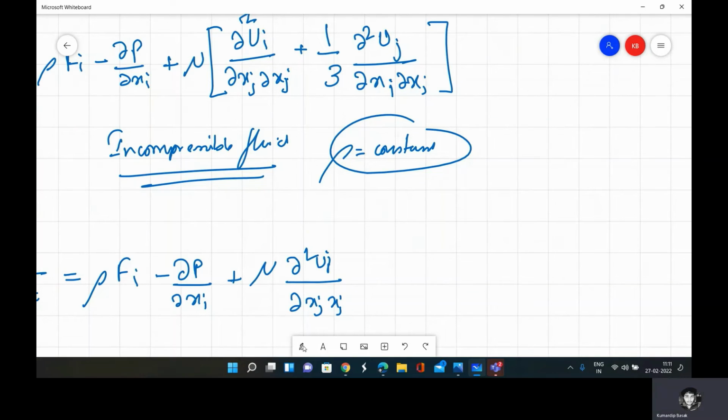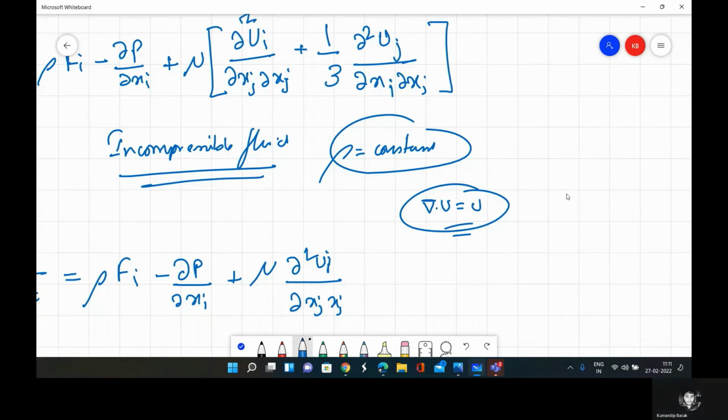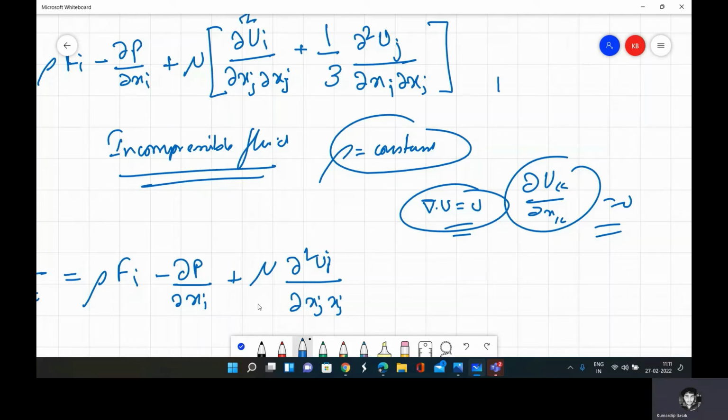Now for incompressible fluid, we know that the divergence of the flow is zero. So this term is simply equal to zero.